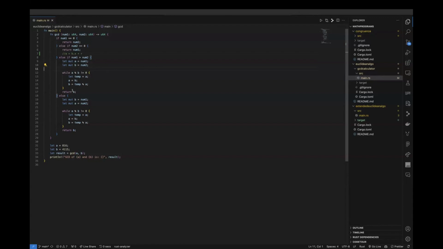It will loop until our B is 0. Right before B is 0, it's supposed to return that remainder, which is now our GCD.